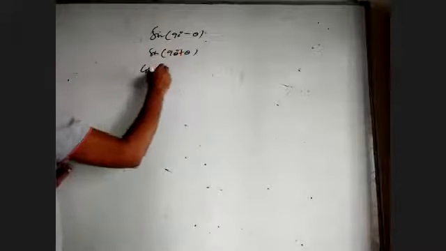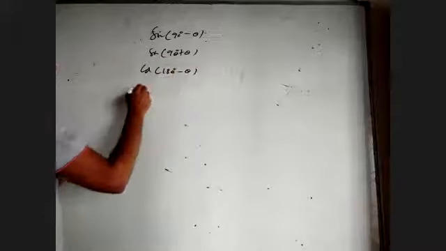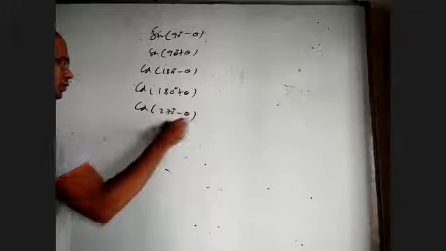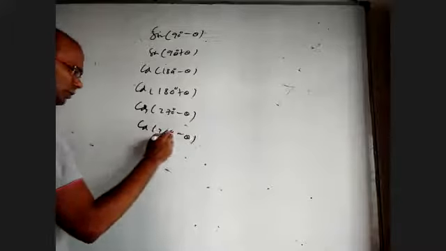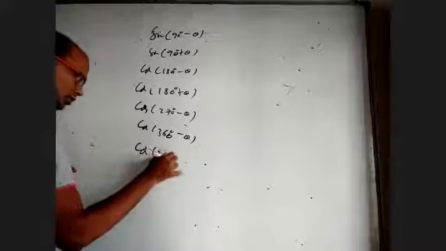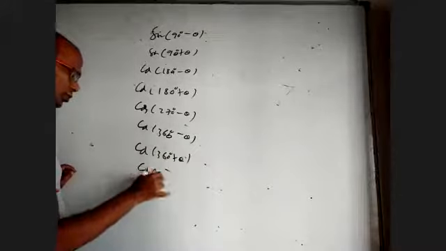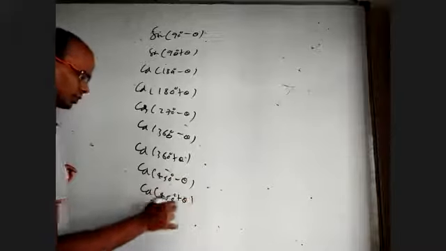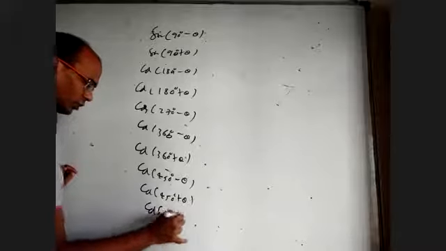Sine 90 minus theta, sine 90 plus theta, cos 180 minus theta, cos 270 minus theta, cos 180 plus theta, cos 270 degrees minus theta, cos 360 minus theta, cos 360 plus theta, cos 450 minus theta, cos 450 plus theta, cos 540 minus theta.